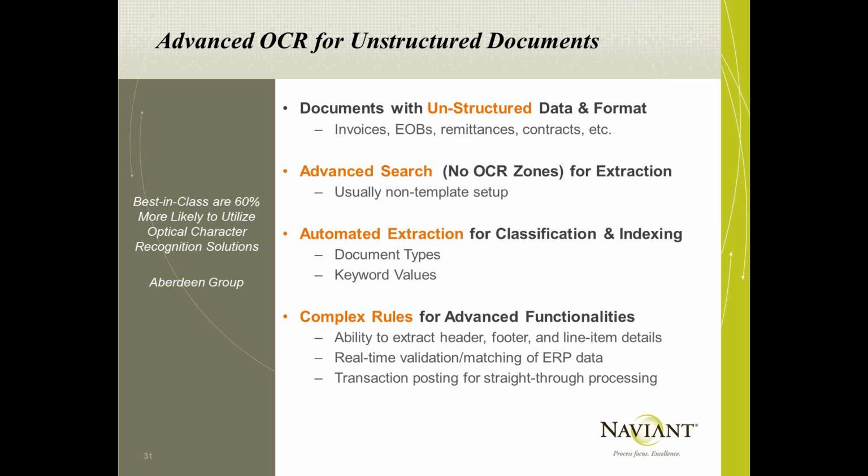The system is able to recognize information through advanced search technologies. There's no need to set up different zones and different templates for the different types of documents that you receive. We're going to automatically extract and classify these documents and pull the information off based upon some characteristics of the information that's surrounding the data that appears on the page.